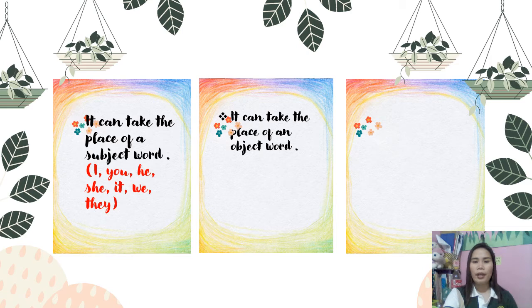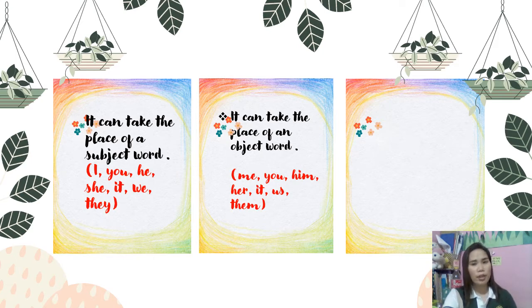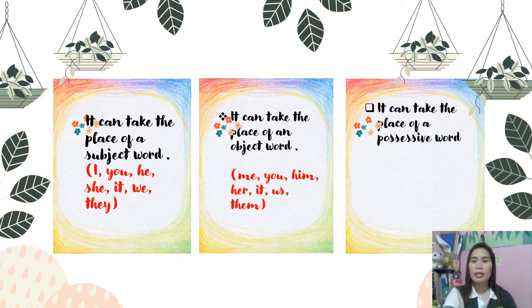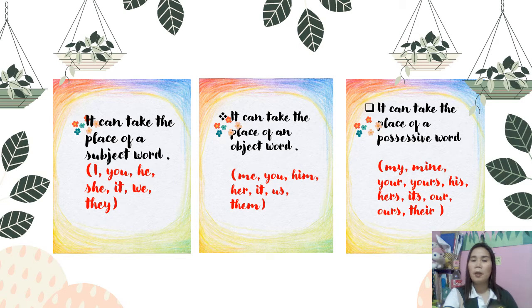It can also take the place of an object word: me, you, him, her, it, us, them. And it can take the place of a possessive word, for example: my, mine, your, yours, his, hers, its, our or ours, and their.